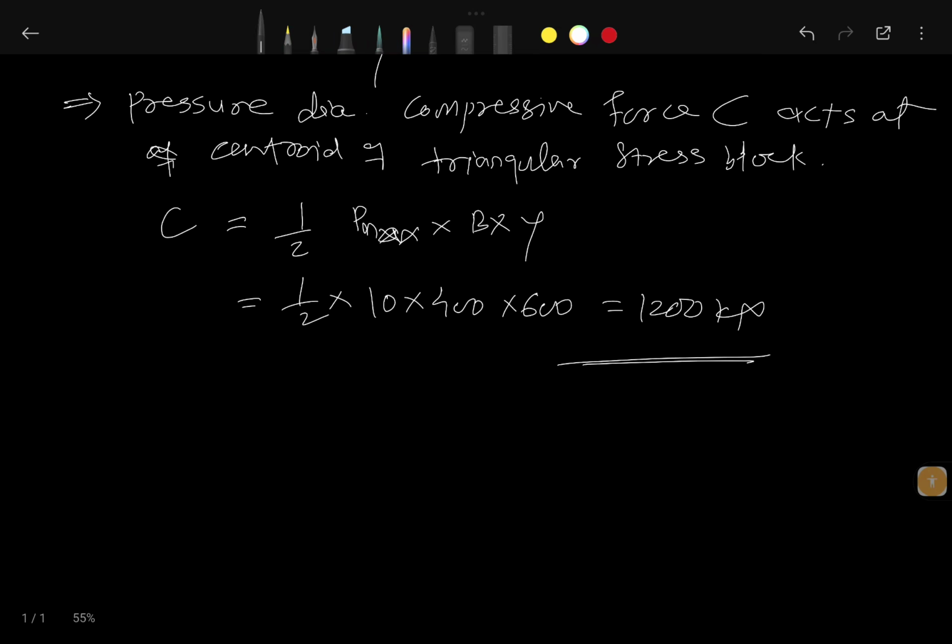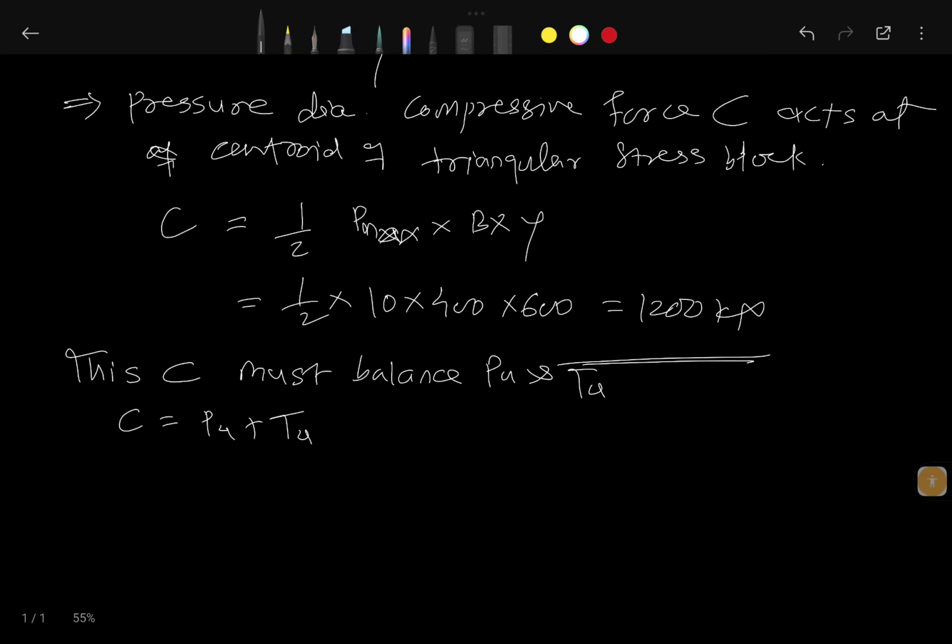Now to balance this, C must balance Pu and Tu. Now C is equal to Pu plus Tu. So C is 1200, Pu is 1200 plus Tu.